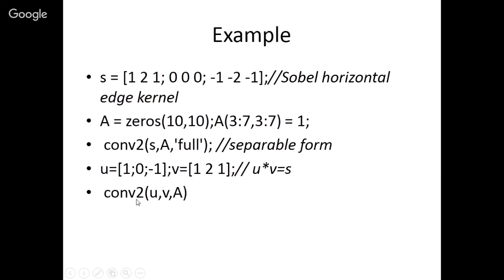Now we are doing convolve 2 with u, v, A. It might seem that you are doing the convolution with three matrices, but that is not the case. You are doing the two-dimensional convolution only, but here u and v are vectors. After combining, they are considered as a matrix, and A is a simple matrix. Right?